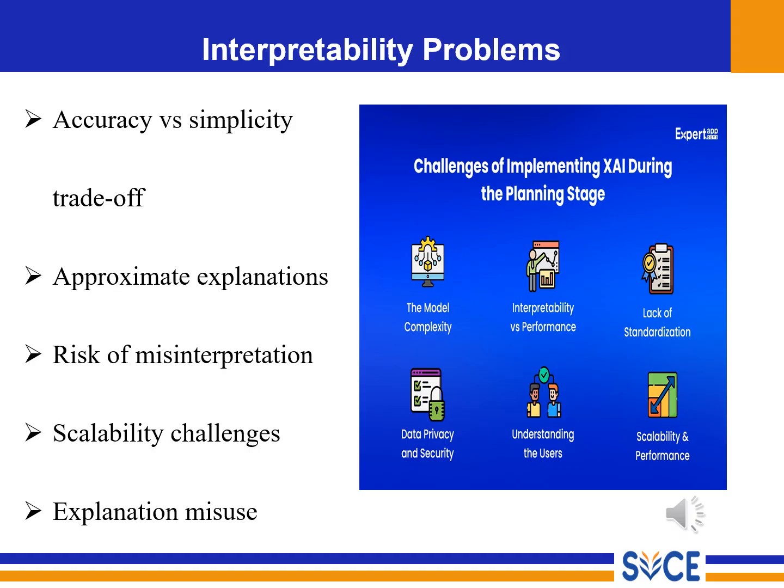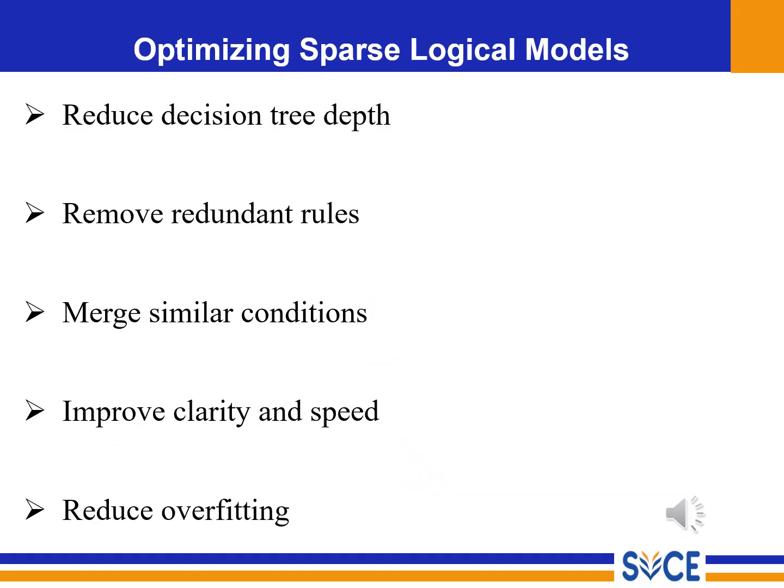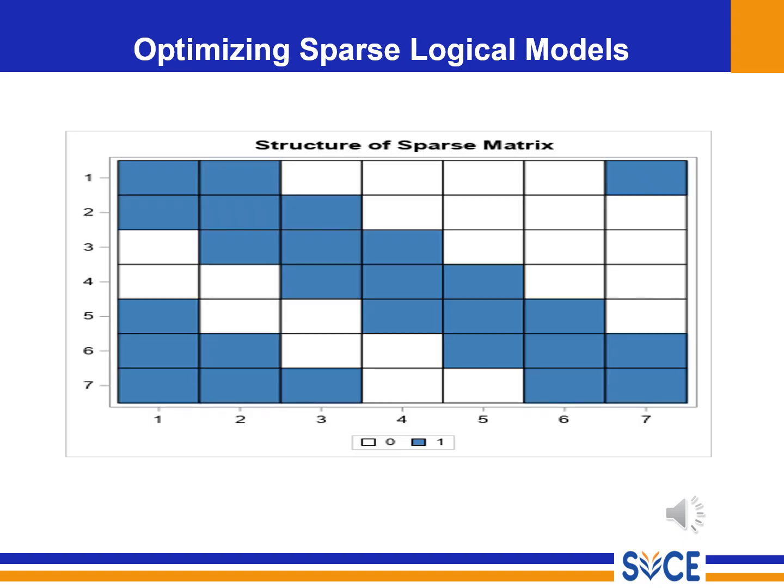It reduces the overfitting so that the explanation generalizes well to unseen data, right? So these are the optimization strategies.